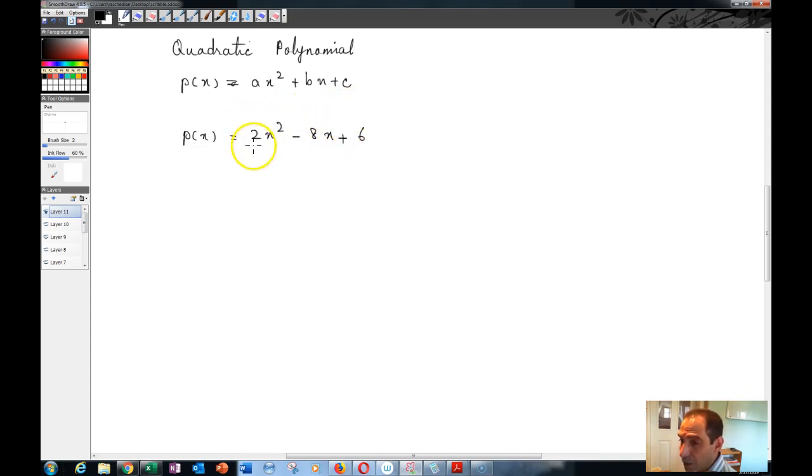The way that you do that, in this case, is that I would write this as 2 times x squared minus 4x plus 3, which is 2x squared minus 8x plus 6, and then I would rewrite this middle term.